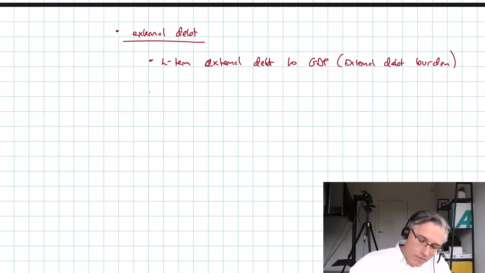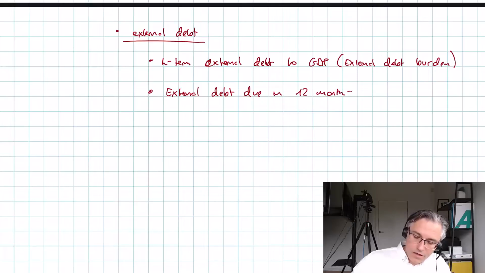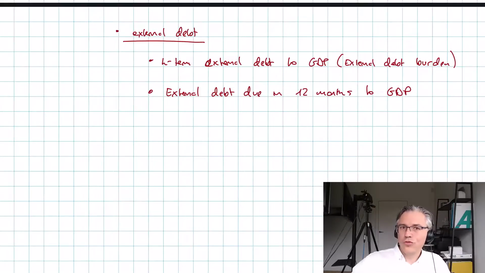Okay. We also have a measure that your book mentions of external debt due in the next 12 months to GDP, which is annual GDP. And this is showing you the short-term element of your external debt as opposed to the long-term element, which needs to be serviced in the next 1 year.